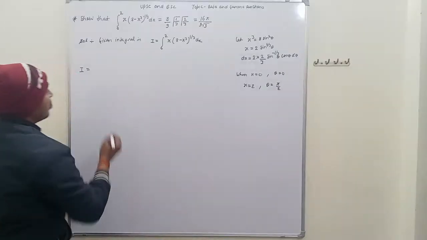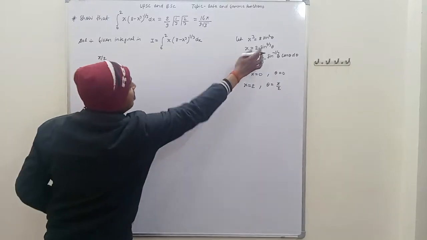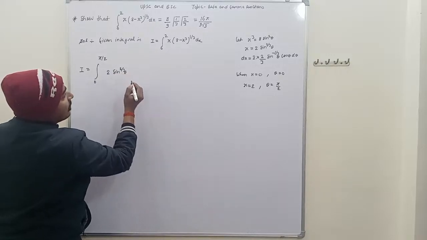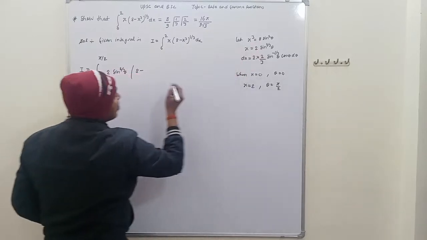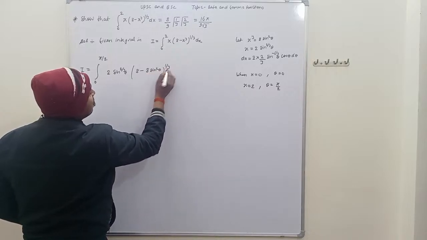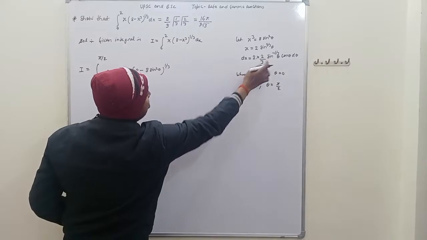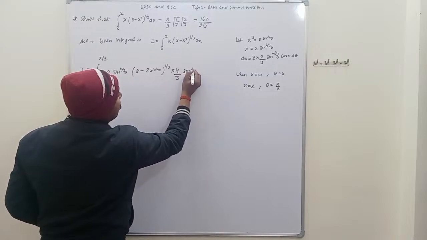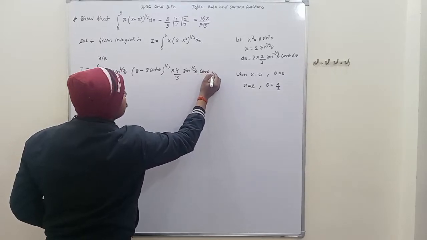So we have to write here the integral limit is 0 to pi by 2, and in place of x we write 2 sin to the power 2 by 3 theta, and here 8 minus x cubed, in place of x cubed we let 8 sin square theta, whole power 1 by 3, and in place of dx we write 4 by 3 sin to the power minus 1 by 3 theta into cos theta d theta.